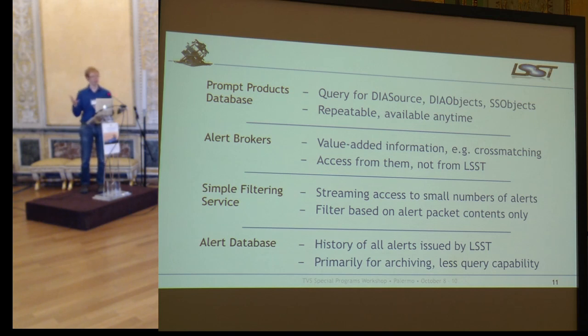It's not designed to be as searchable in a fully featured way as the prompt products database, but if you saw an alert go by and then accidentally deleted it, but you've saved the ID number of that alert, you can go access it again. You can make sure that you haven't accidentally modified the alert or anything like that. So it's to enable repeatability.